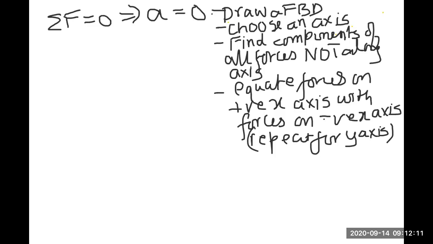Now this may seem to you like a long drawn out process, but in reality it is nothing. In reality, I'm just saying that draw the FBD and add up all the force vectors to 0, right?